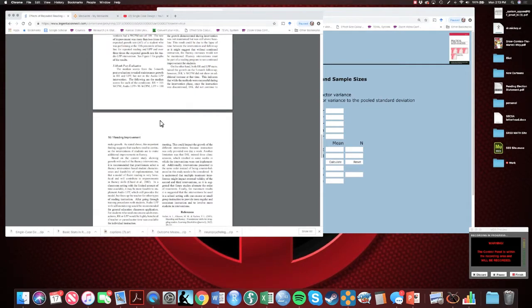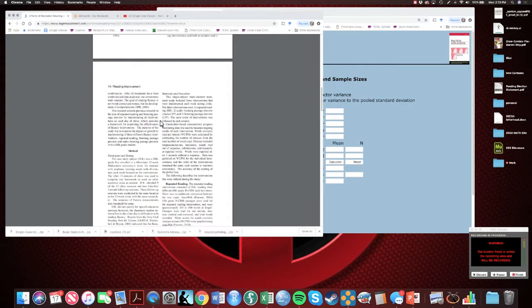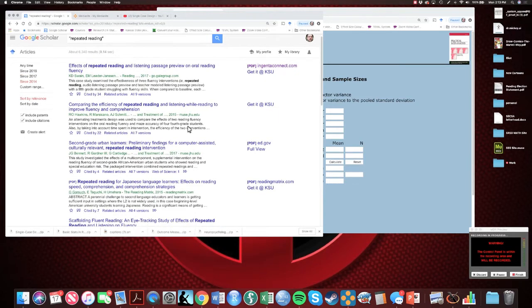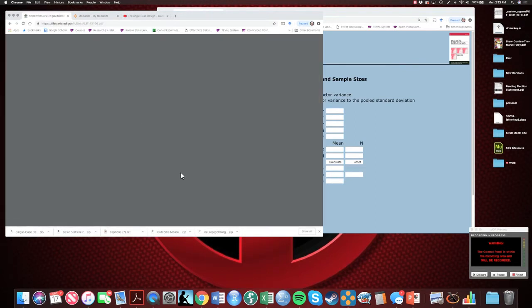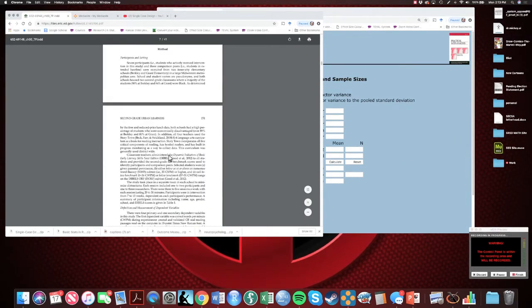Oh, this is a single case design study, so that's not going to give us what we want. Let's see how this one does. Seven participants, so that doesn't do us any good either.